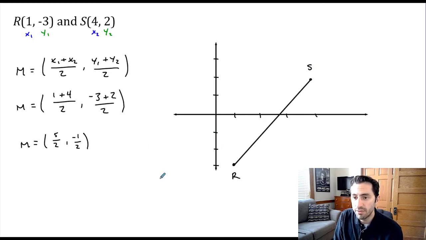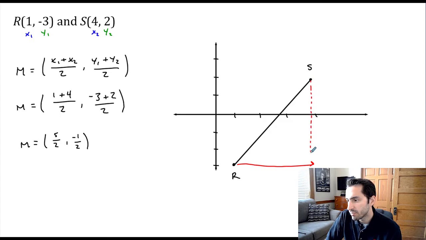Okay, so here's the graph of my segment RS. The midpoint has to be right in the middle. So we need to be in between the x values and in between the y values. So if I just look at this change in x, so how far it takes me to go from R over here to S, if I kind of think about this as a triangle, that difference, I'm going from this x value of 1 over to this x value of 4.